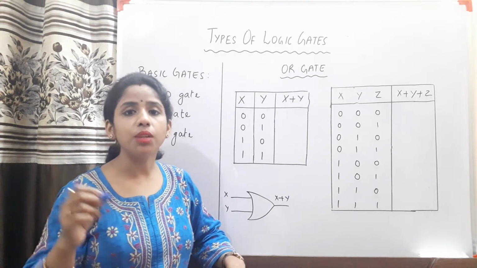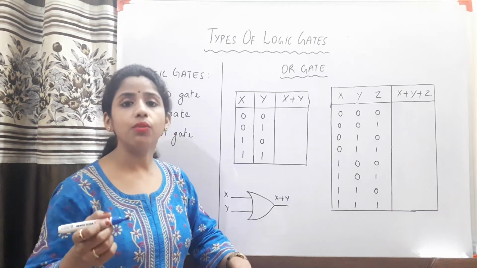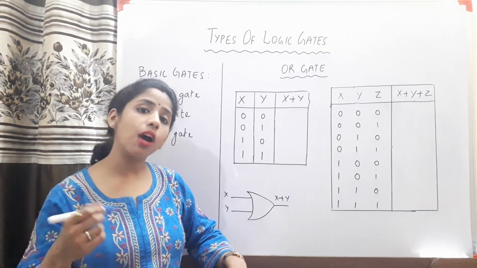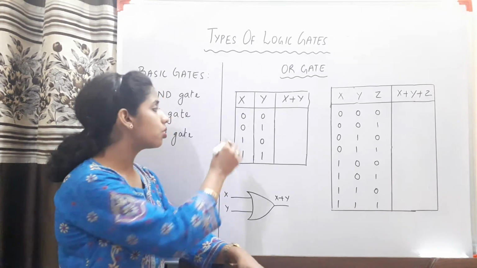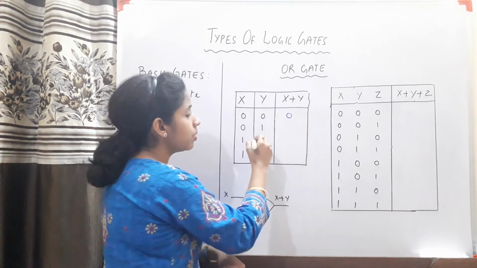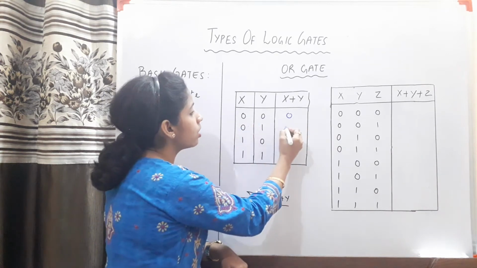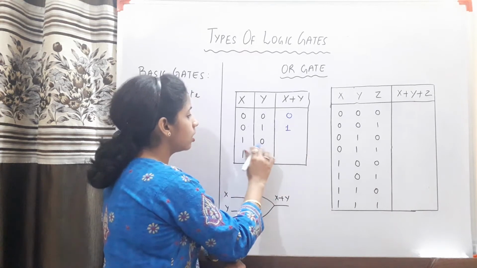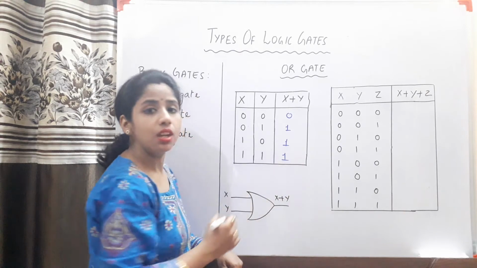Even if one of the inputs is 1, then the result is 1, or you can say in other words that the output is 0 only if all the inputs are 0. So here you can see the same thing. Here this will be 0 because none of the inputs are 1. Here this one is 1, so the answer will be 1. Then in this case also the answer will be 1, and in this case also the answer will be 1.